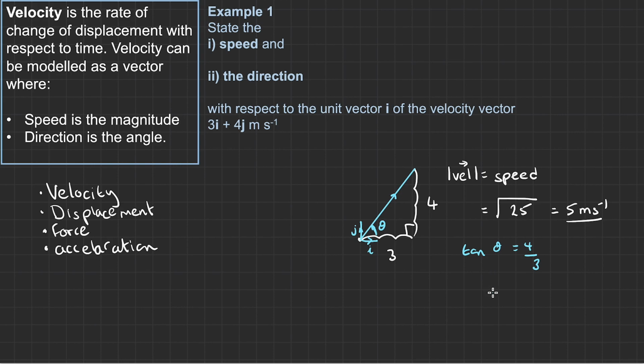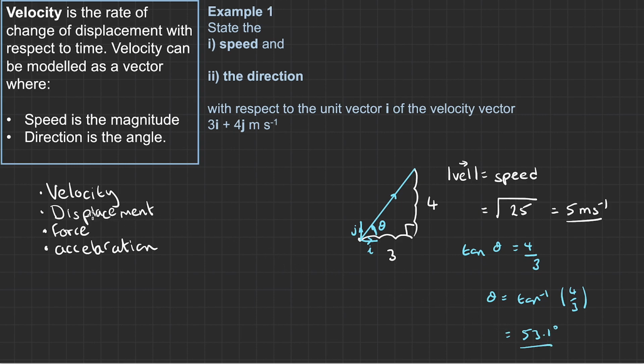If we take the arctan of both sides, theta will be the arctan of 4 over 3. This works out as 53.1 degrees to one decimal place.